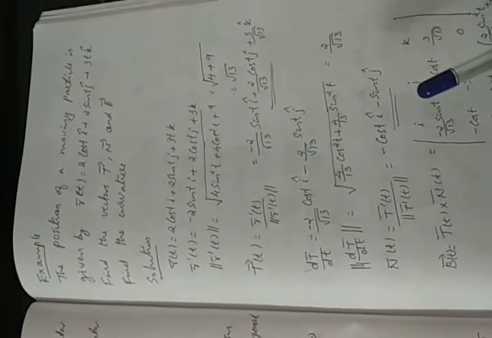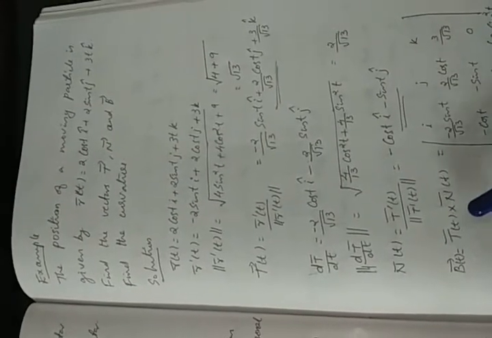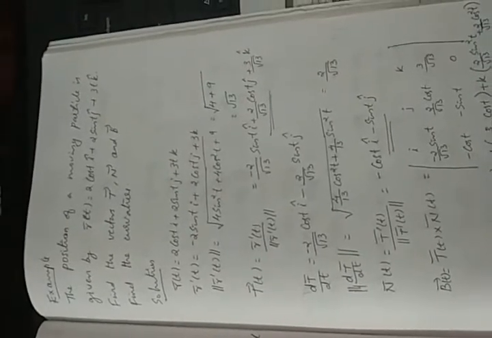Next we have to find vector B, and it is equal to vector T cross vector N. We know a cross b is equal to the determinant with first row i, j, k, second row the components of vector a, third row the components of vector b.